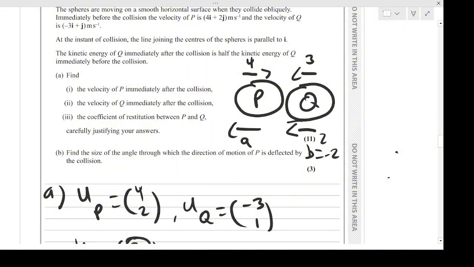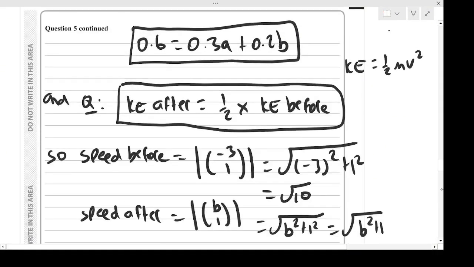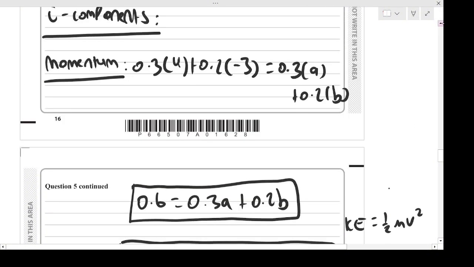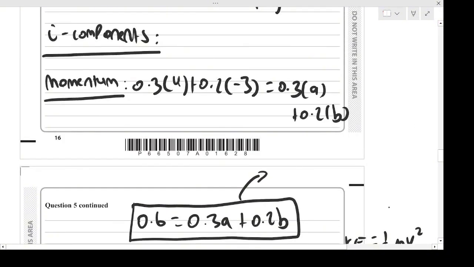That makes sense, because that's in the negative direction. So it'd be minus 2i. So if B's minus 2, we can work out what A would be using this equation for momentum. So 0.3A would be 0.6 minus 0.2 lots of minus 2.